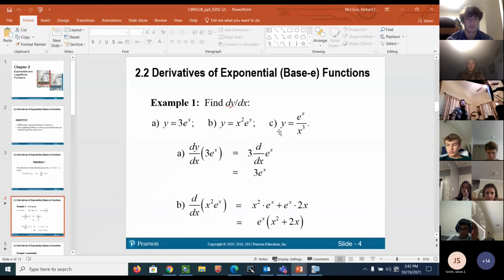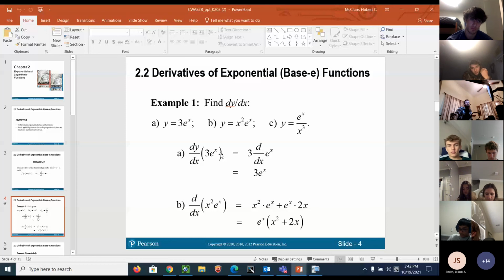Okay, there's 3 good examples, and we'll just close on this. I'll just write them down for you, and I'm not going to be able to finish all of them. y is equal to 3e to the x. y is equal to x squared e to the x. See, look at them. What they should do is give you x squared, and that's going to be 2x.